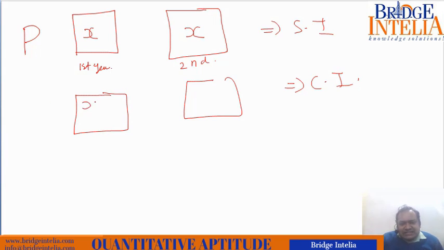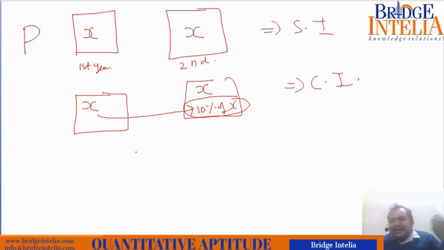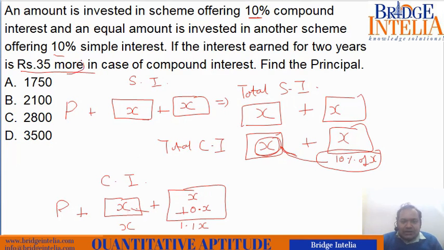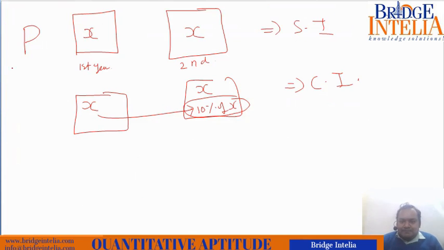First year X, the next year X plus an additional 10% of X. This additional 10% of X is what creates the difference. It makes compound interest a better opportunity to earn. This extra amount is equal to rupees 35.